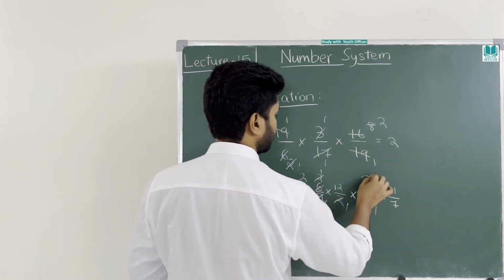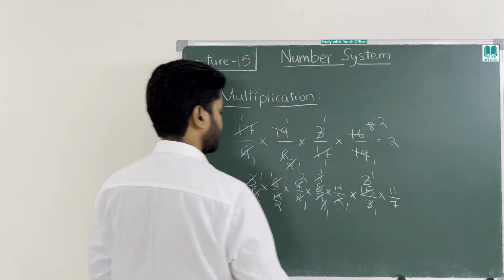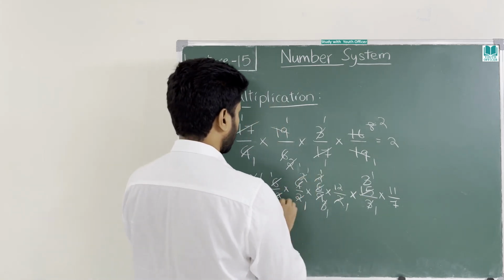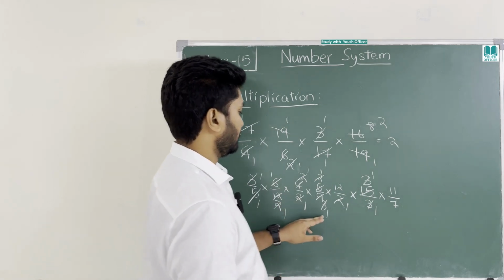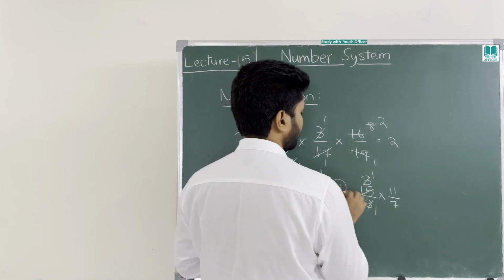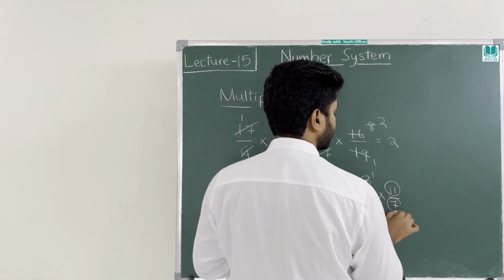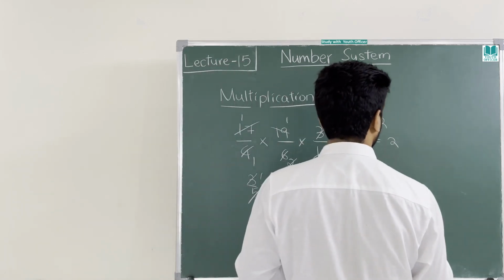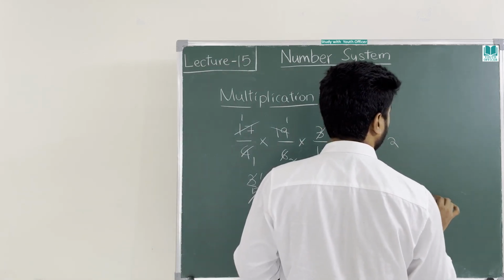Third table is 1 time, 1 time. What else is remaining? Here 2 is there, here 2 is there. 2 1 time, 2 1 time. Okay, one by one you have to check. Now what else is remaining? This 12 is remaining, this 11 is remaining, this 7 is remaining. What you have to do in the next step is write whatever is remaining.